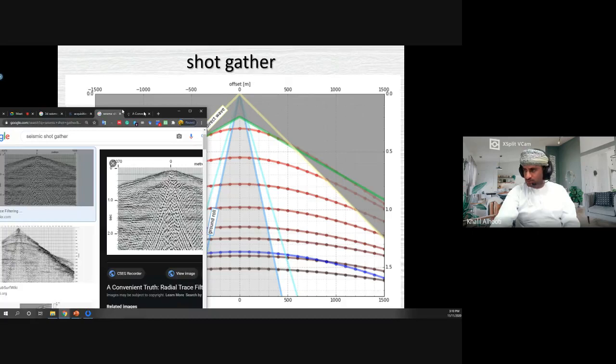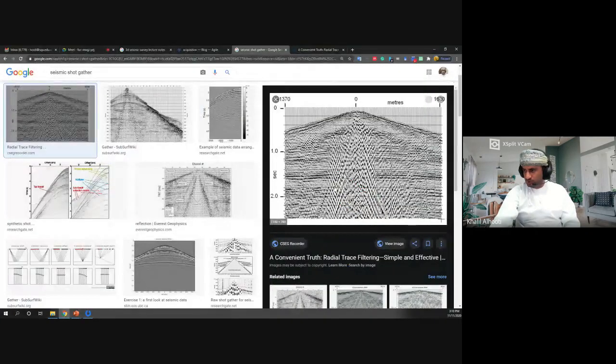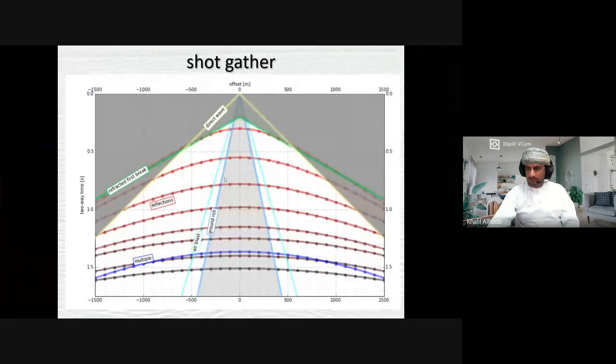You see, that's what we call ground roll. They have low velocity, but their amplitude is high. Their amplitude is higher than the amplitude you see for the reflections or refractions. This part is all masked by this ground roll.